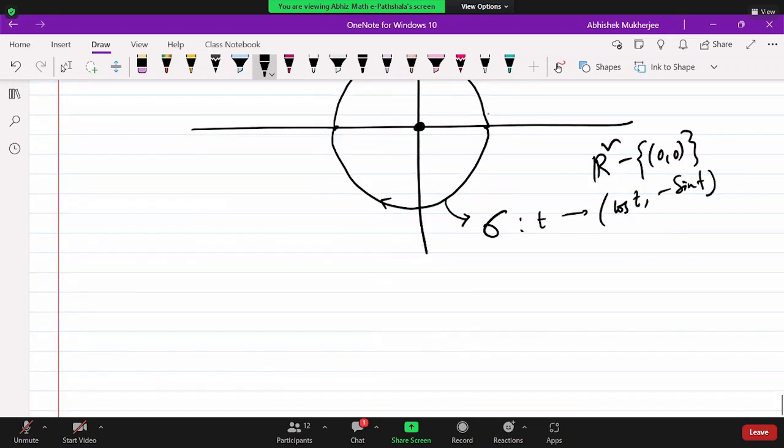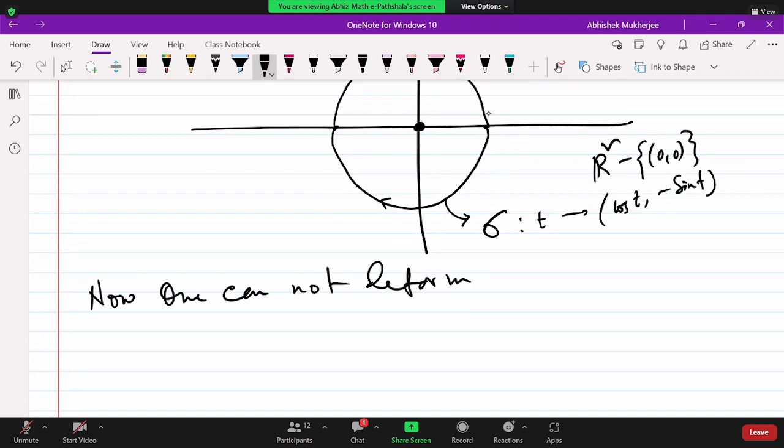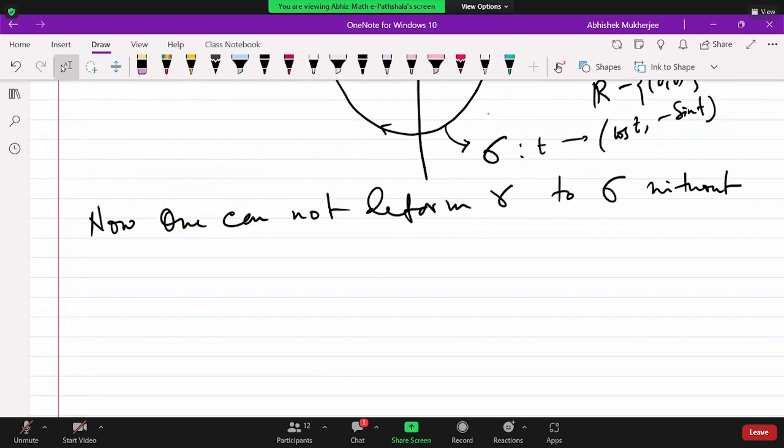Now, one cannot deform gamma to sigma without crossing 0, 0, right?